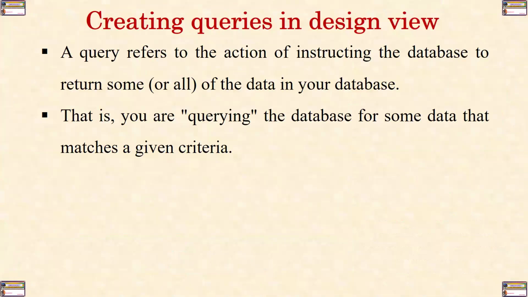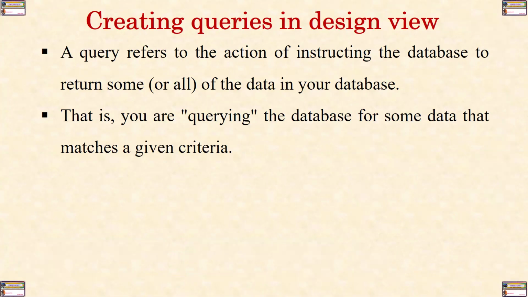When we speak about a query, it refers to the action of instructing the database to run some or all of the data in your database. That is, you are querying or asking the database to give you a certain response to a certain question that you want to ask.